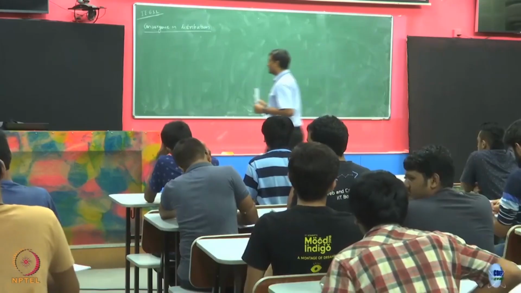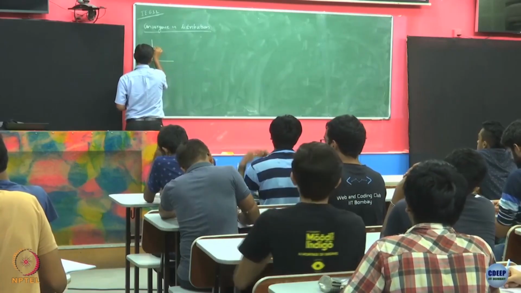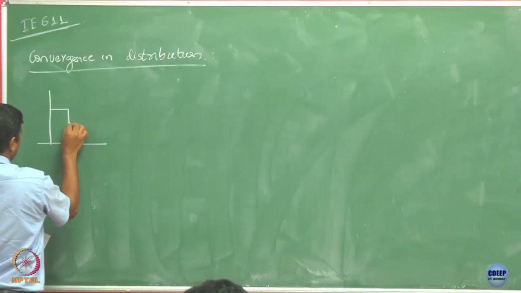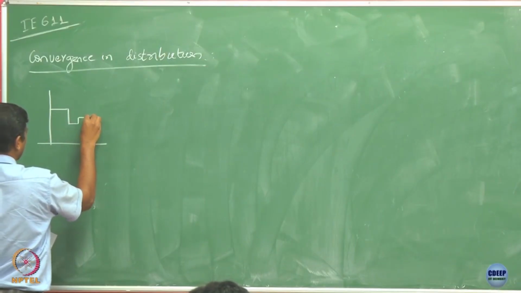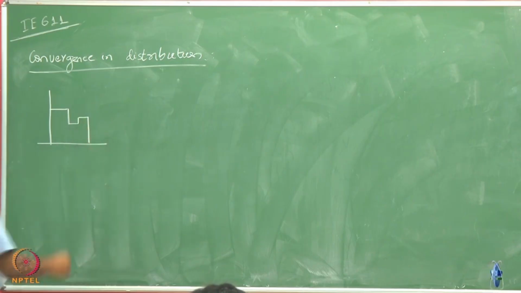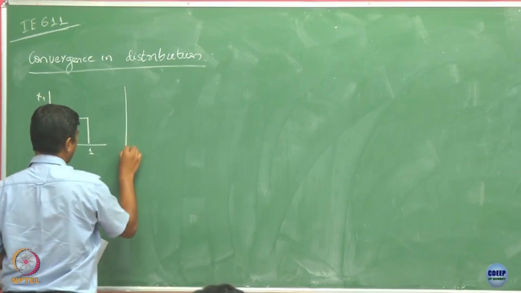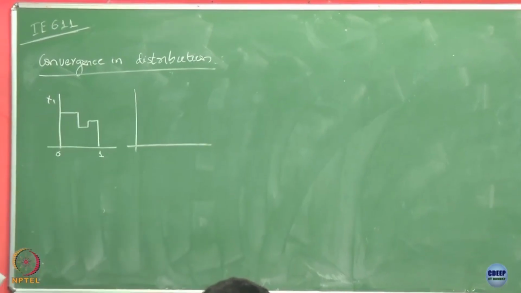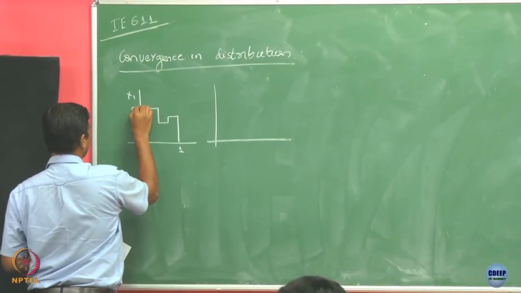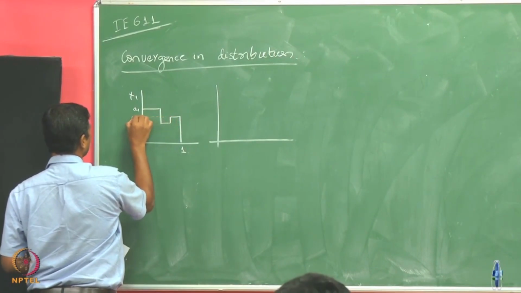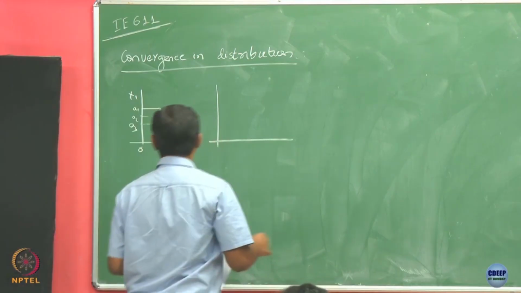So let's take an example here. Let's say I have 3 random variables in this form. Let's say it takes some number here and then it has something. So this is the random variable x1, and let's say I have another one. Let's say these values are a1, a2, and a3.